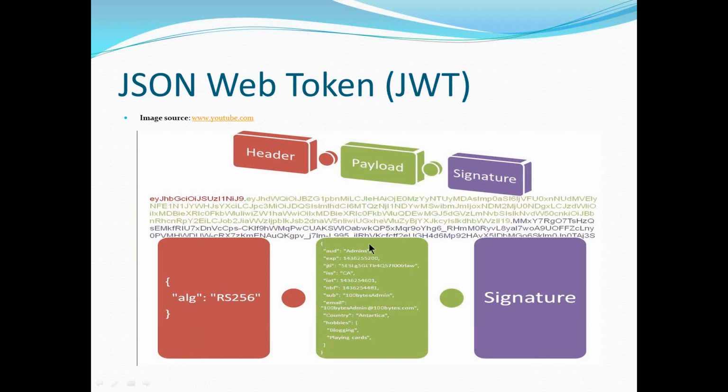Well, I always say a picture is worth 1,000 words. So when we look at a JSON Web Token as a string, it is in this format. The good thing about this picture is that it's color coded. The header is in one color, followed by a dot.